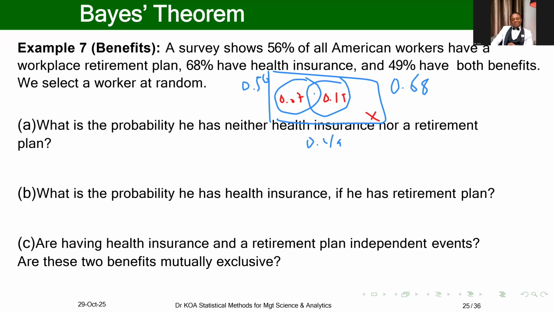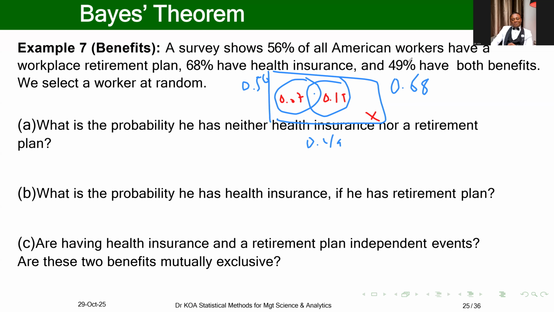But ideally, if we are to find the universal set, what it means is that 0.07 plus 0.49 plus 0.19, plus the X, should be equal to the universal set. Doc, since we are dealing with probability, is it not the assumption that the universal set is 1? Exactly.